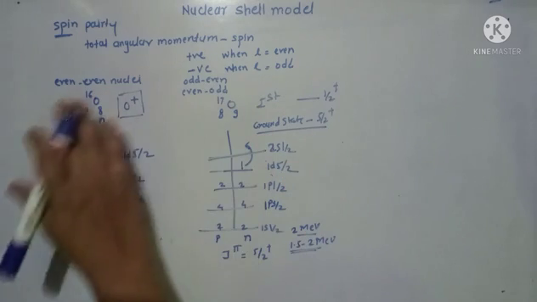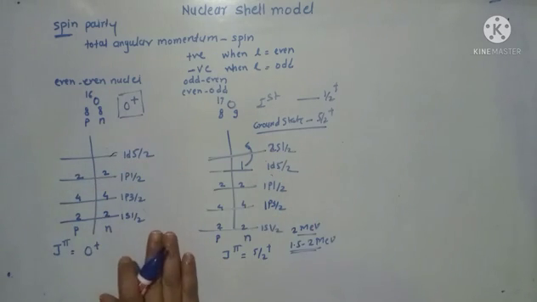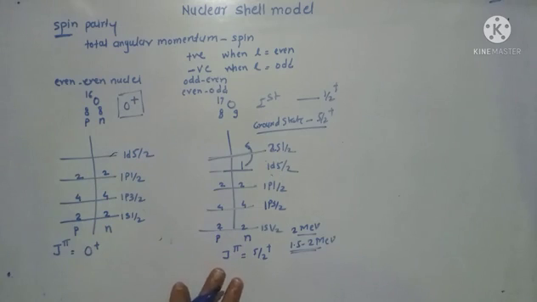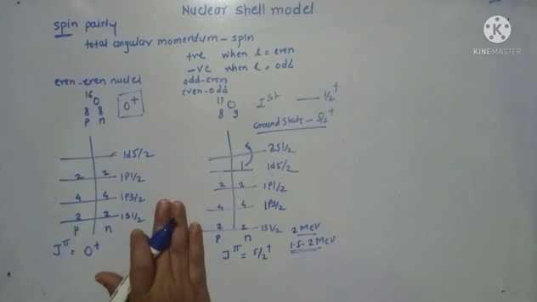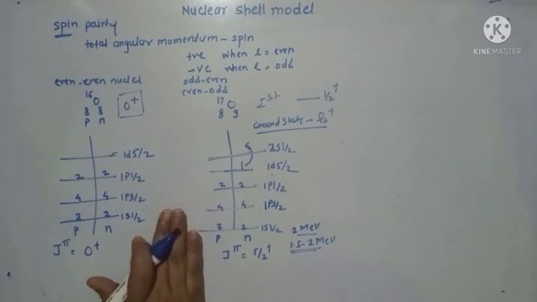This part is an advantage or the physical significance of the nuclear shell model, which means that you can calculate the spin parity of any nucleus, and along with this the spin parity of the excited states of the nucleus. So this was all about the physical significance or the advantages of the nuclear shell model.